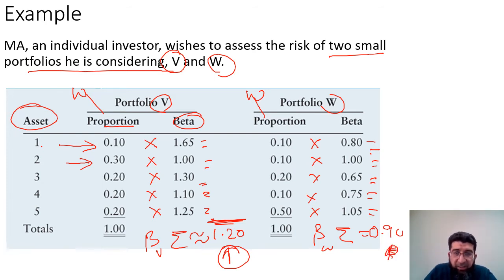So if the market increased by 1 unit, the total value of portfolio V will increase by an additional 20%, while portfolio W will increase by only 0.9%, which means it's less risky. Sudden market changes will not affect portfolio W more compared to portfolio V.